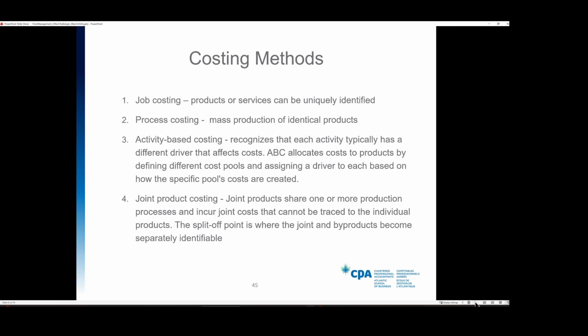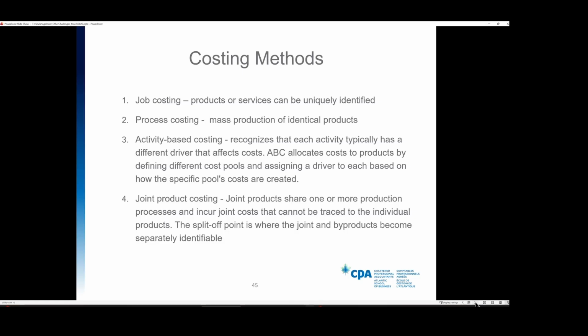Costing methods. So job costing, that's where products or service is uniquely identified. Process costing. So that's where there's mass production of identical products. Activity-based costing. Proficiency level A. And this is where repeatedly candidates historically perform very poorly when it comes to activity-based costing.